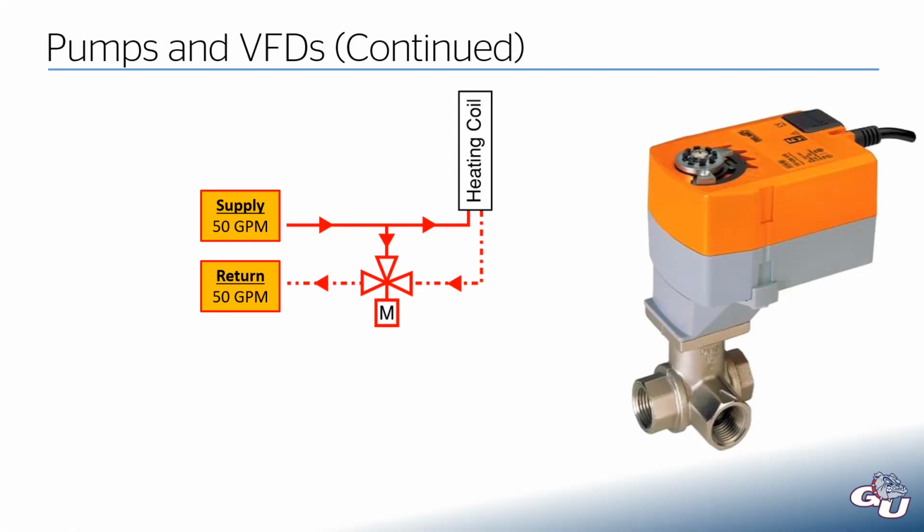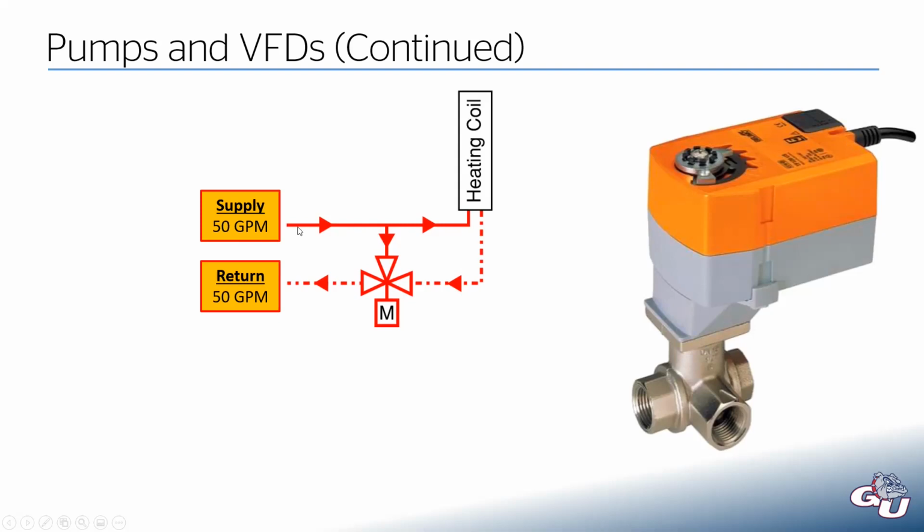So the purpose of this control valve, which is this funny looking device right here, and here's what it would look like in the real world. This is a three-way control valve. And you can probably guess that because it has 3 ports on it. And this big thing on top, this is our actuator that is going to open or close the valve.